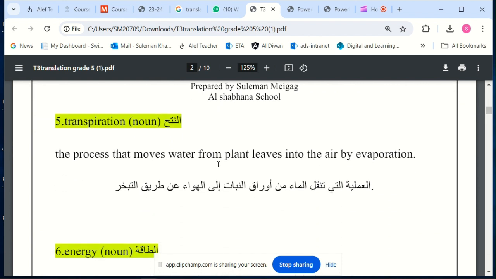So I will show you the kalima transpiration. The process that moves water from the plants, from the roots, up the stem, and out from the leaves into the hawa by evaporation. You can see. This helps to pull more water from the turba.